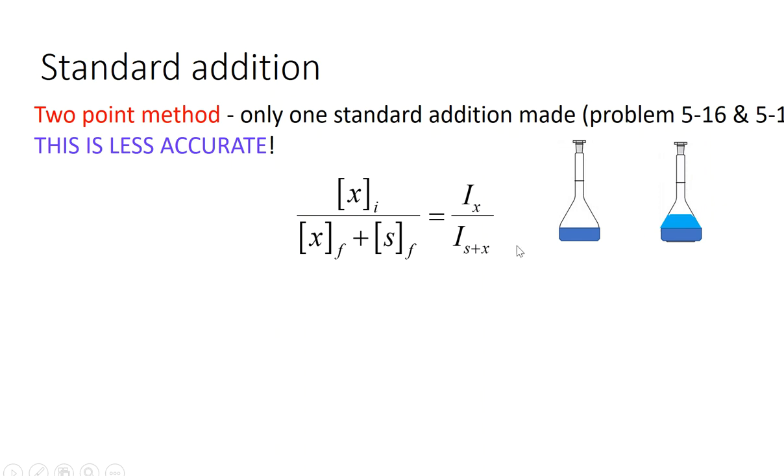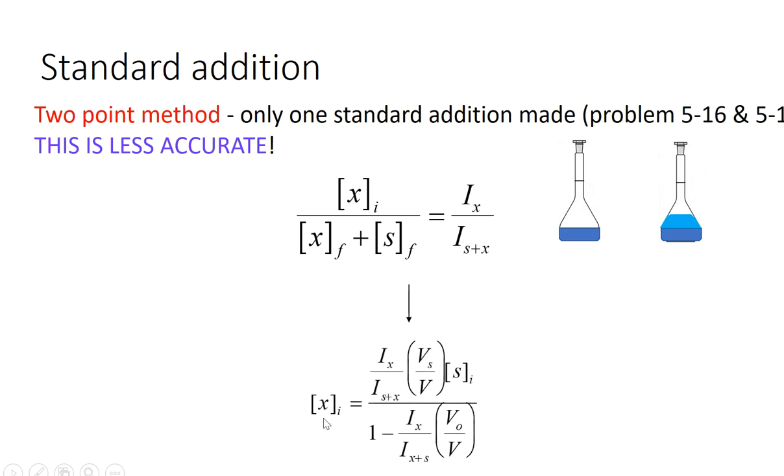So you'll use a simpler set of equations where X initial is the concentration in just this blue region, but remember you dilute it, so you also have a final concentration that you diluted, and this flask has the standard that is added. So you measure the intensity in this flask and the intensity in this flask to get your ratio.